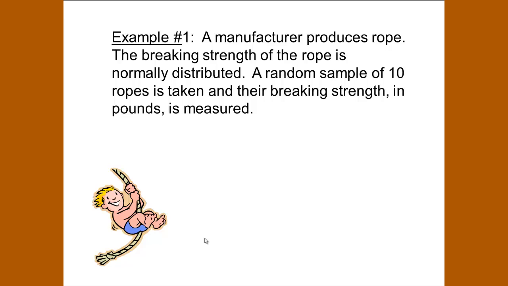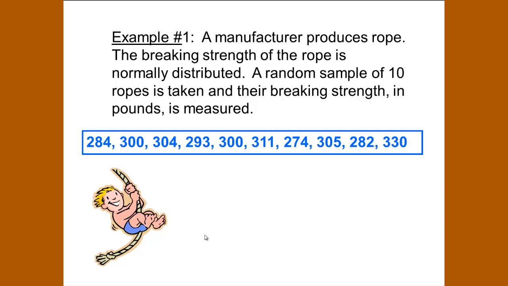Example number 1. A manufacturer produces rope. The breaking strength of the rope is normally distributed. A random sample of 10 ropes is taken, and their breaking strength in pounds is measured.